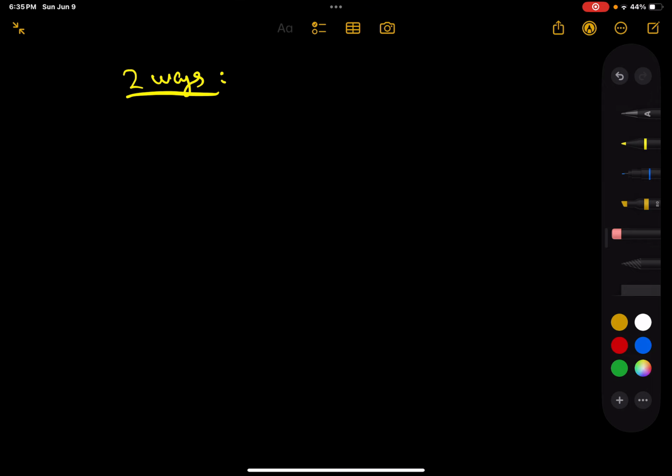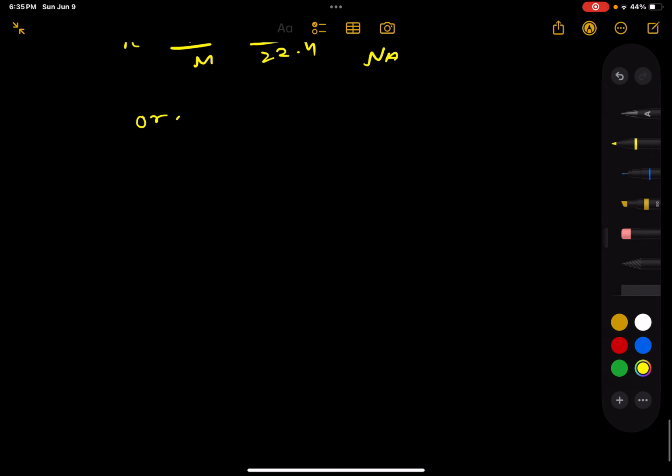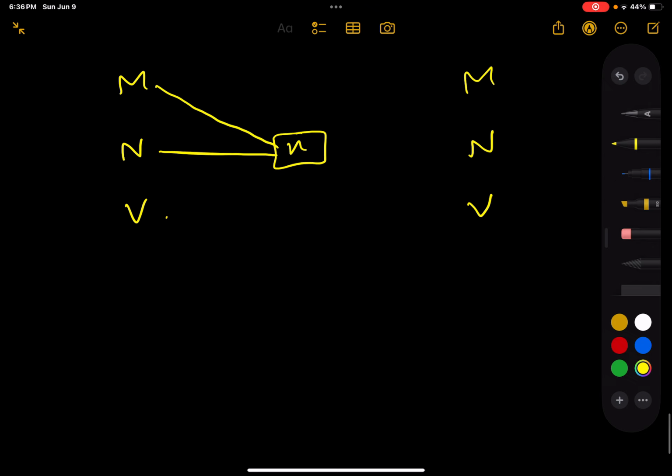So there are two ways we can do that. So n is equal to W upon M equal to V upon 22.4 equal to N upon Na. Or we can draw a simple diagram: mass, number of particles, and volume. And we have n over here, and we connect these three.